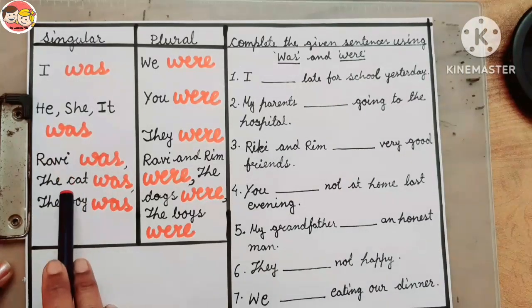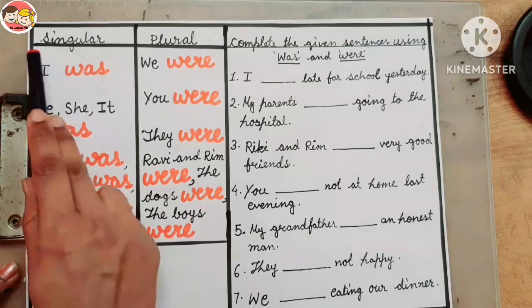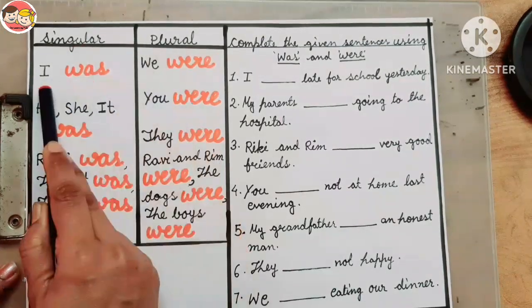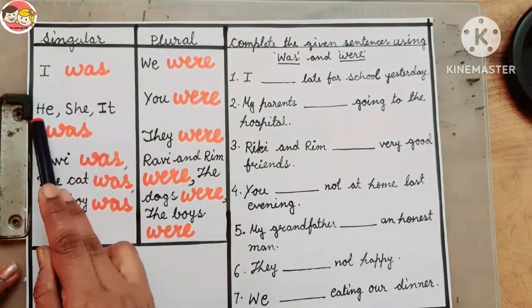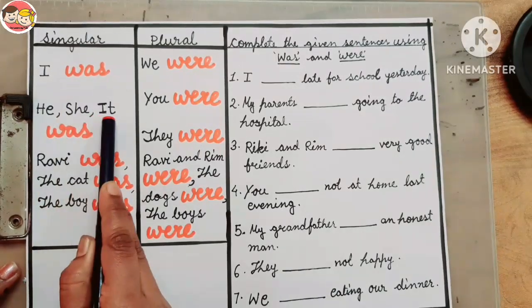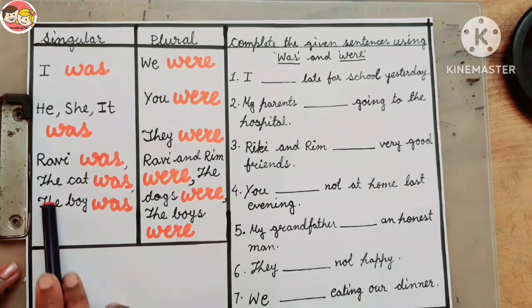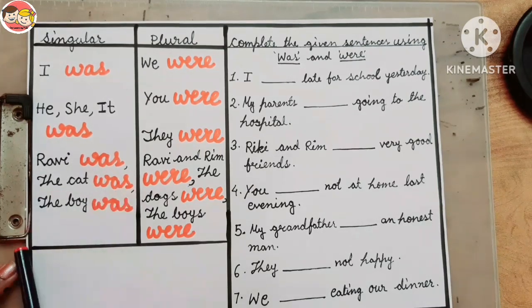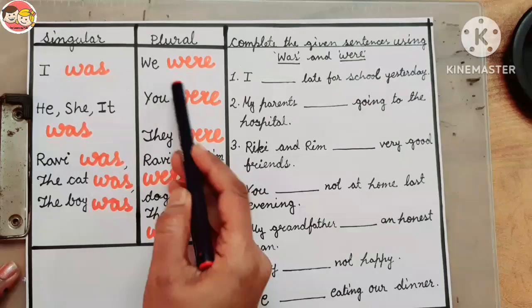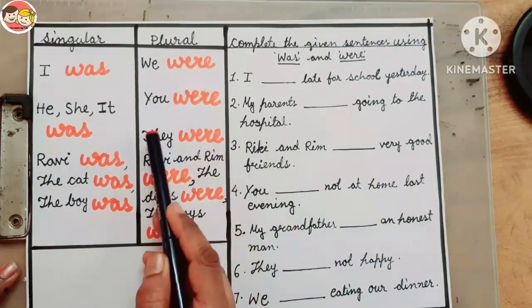Children, look at this chart and observe very carefully. Singular, plural. I was. He, she, it was. Ravi was. The cat was. The boy was. Next, plural. We were.